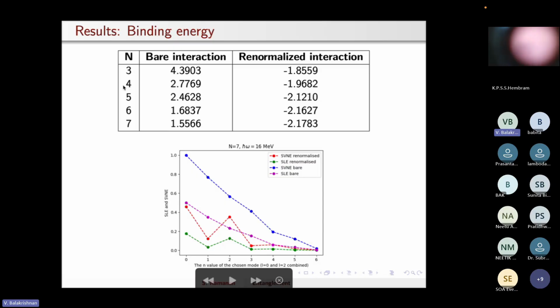N equal to 4 implies 8 qubits, then 10, 12, and 14. For 6 qubits, you see that the bare interaction in fact gives you positive binding. As you increase the number of qubits to 14, so n equal to 7 means 14, you're not even close to a negative value for the binding. On the other hand, with the renormalized interaction, you see that it quickly converges, and the simulation gives you something very close to the actual binding, which is minus 2.22, and maybe we get something as close as minus 2.17.